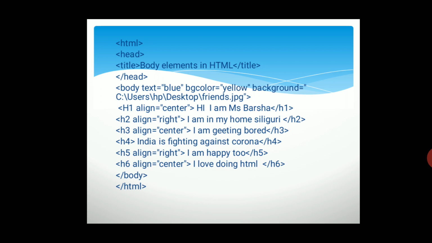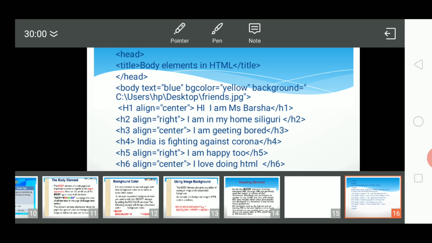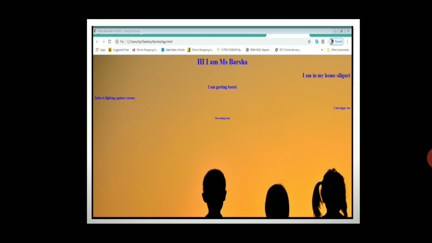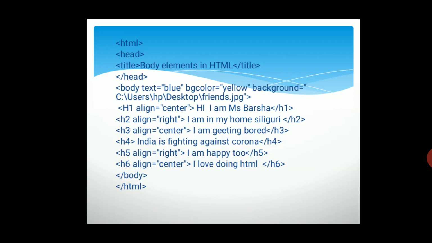But if you are using the mobile version, don't use this background, because the background image attribute is not supported here. If you are using a laptop, you can give the background like this: background equals, and you have to copy the path, like Users, HP, Desktop, because on my laptop I have saved this photo, friends.jpg.